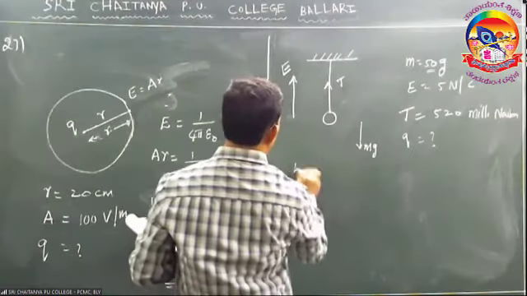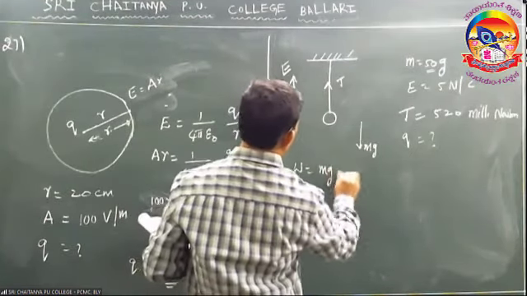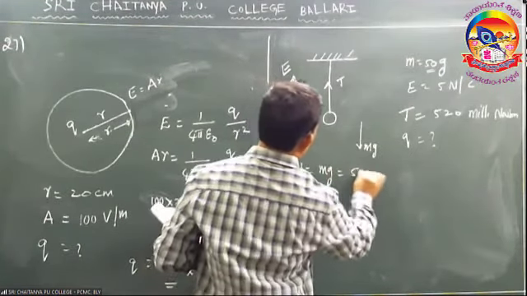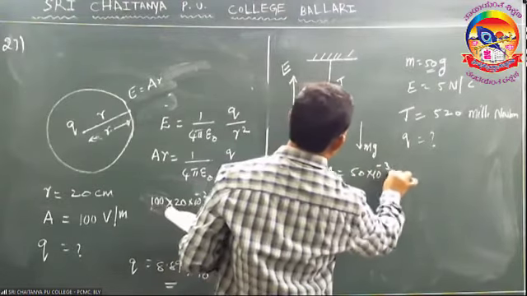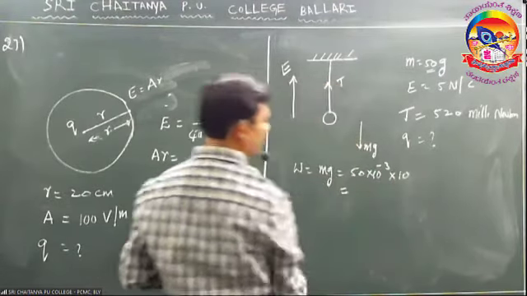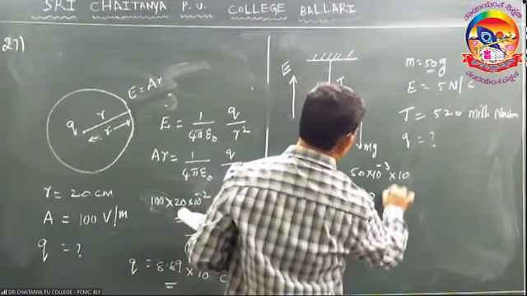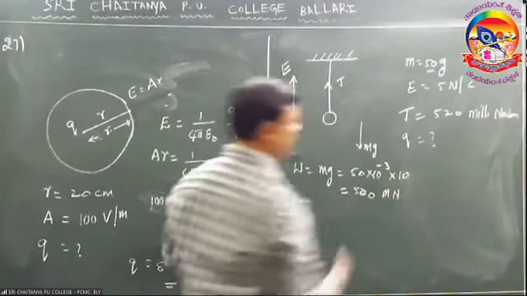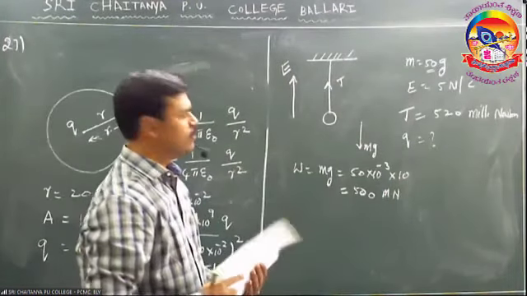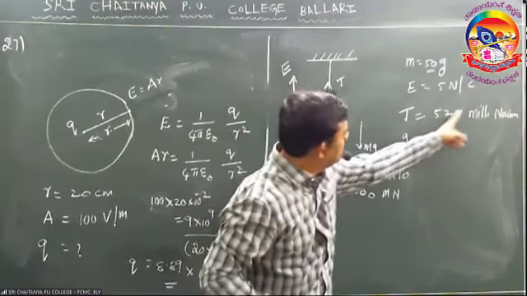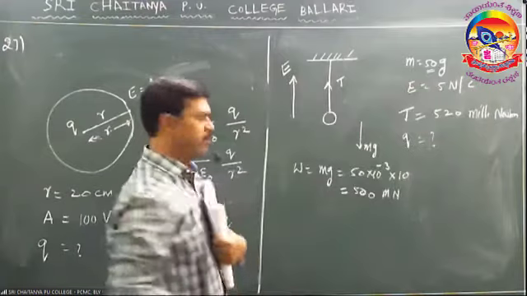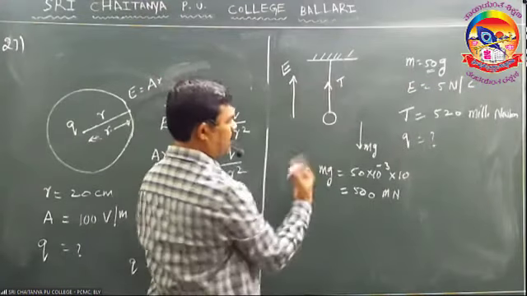Weight is mg. 50 gram, 10 power minus 3, g value 10. That gives 500 millinewton weight. But here the tension is given as 520 millinewton. Means this tension is more than weight.